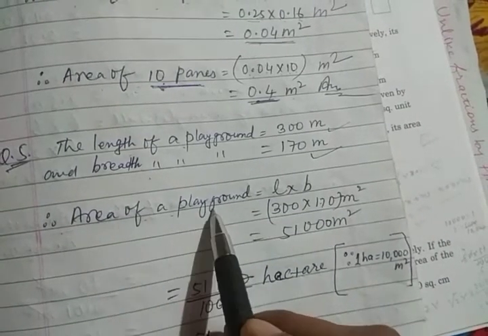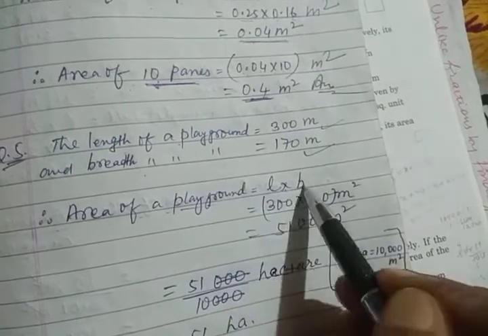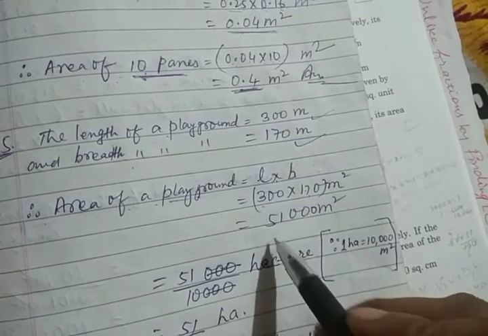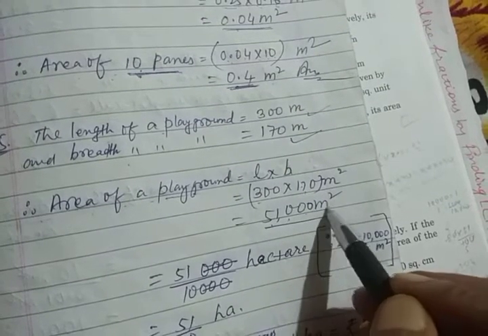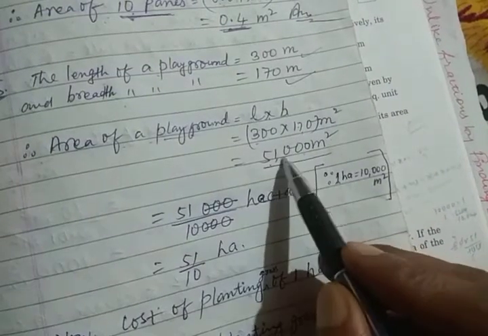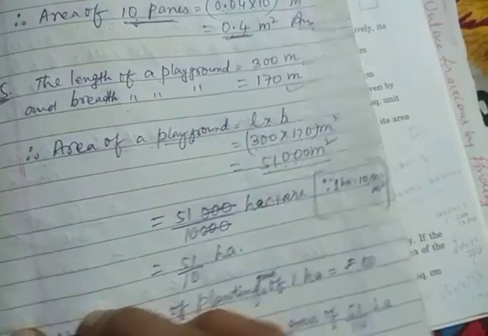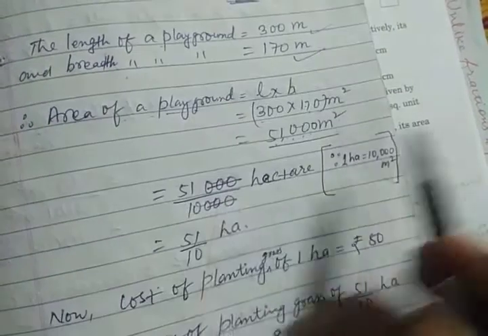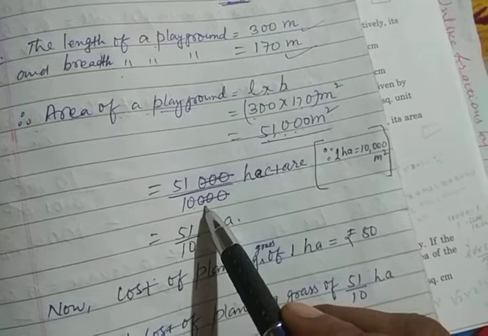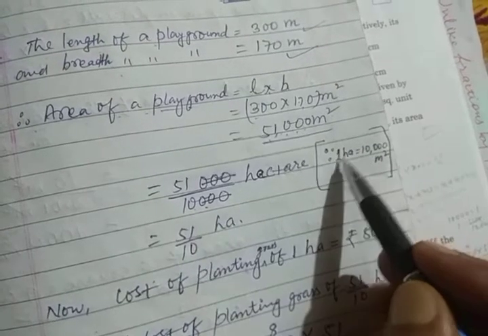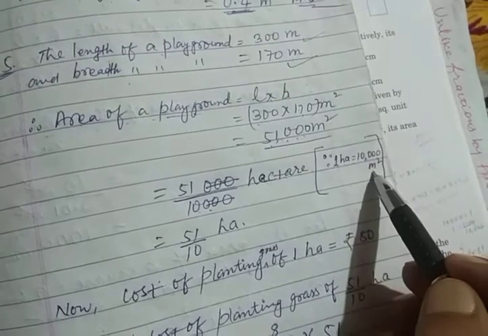Therefore area of playground, meaning rectangular playground, length into breadth, 300 multiply 170, we get 51,000 meter square. 51,000 meter square area of rectangular playground. Here 51,000 divided by 10,000. Why? Because 1 hectare we get 10,000 meter square.